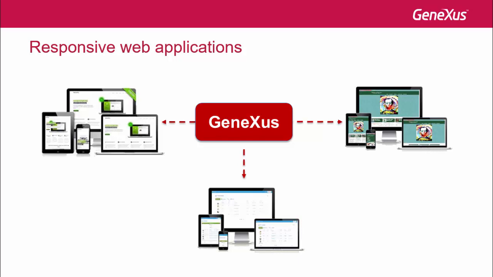This is achieved with design features that allow viewing all the information on the screen using the functions provided by GeneXus to this end. These functions allow us to show different layouts depending on the screen size of the device.